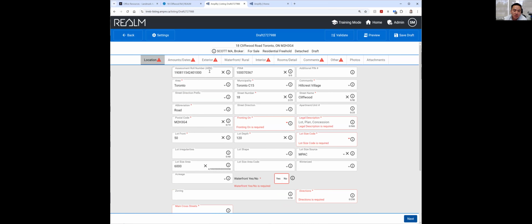So the PIN number, I think the roll number as well, and the legal description of the property, those all come from land registry, from Geo Warehouse. So if you're trying to verify, let's say, the legal ownership or the legal description, you can easily go to Geo Warehouse, type in the property address or the owner name, and you can find that information.